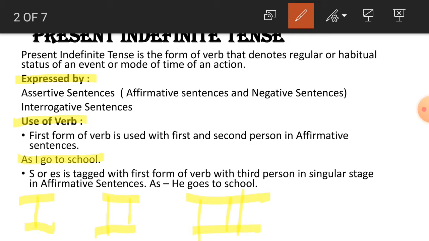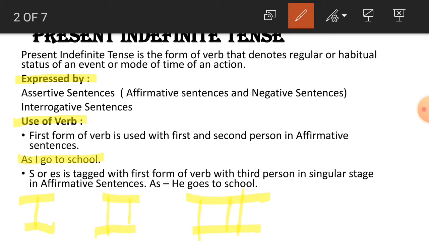We can use first form of verb with plural nouns, plural objects, things, or names.